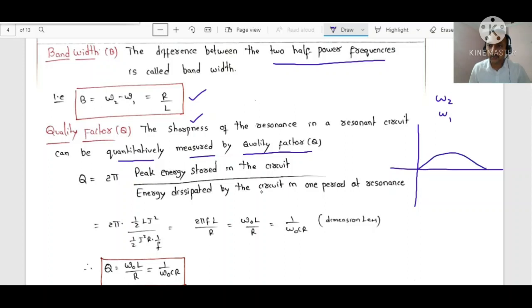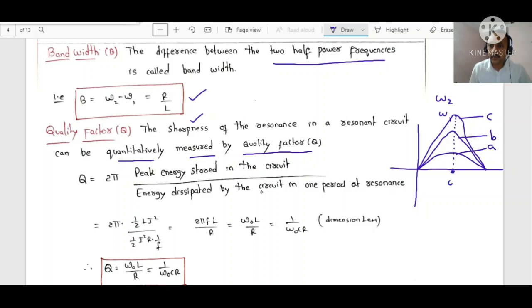This is the graph for one set of RLC values, this one is the graph for another circuit, and this is one more graph for another circuit. Out of these three graphs, which one has more sharpness? A or B or C? C has more sharpness.